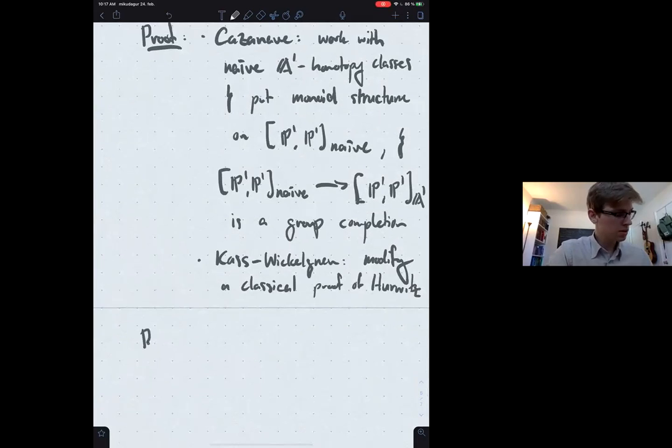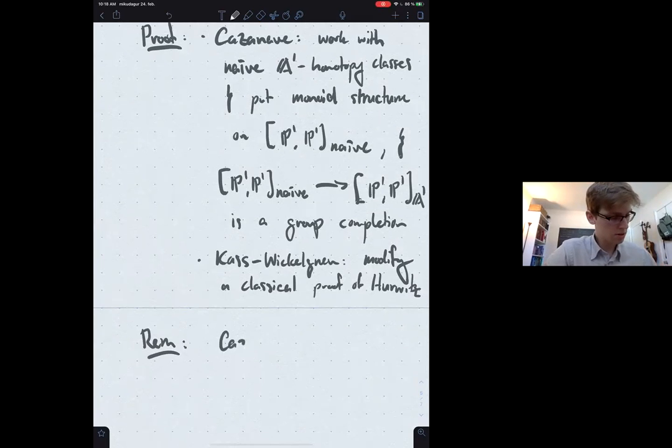A remark about this: something that I had wanted to do was take Cazanave's result and just directly generalize it to higher n. And at least to me, there's not an obvious way to do this using either of these proofs. So Cazanave's monoid structure really relies on the fact that you're just dealing with one rational map.